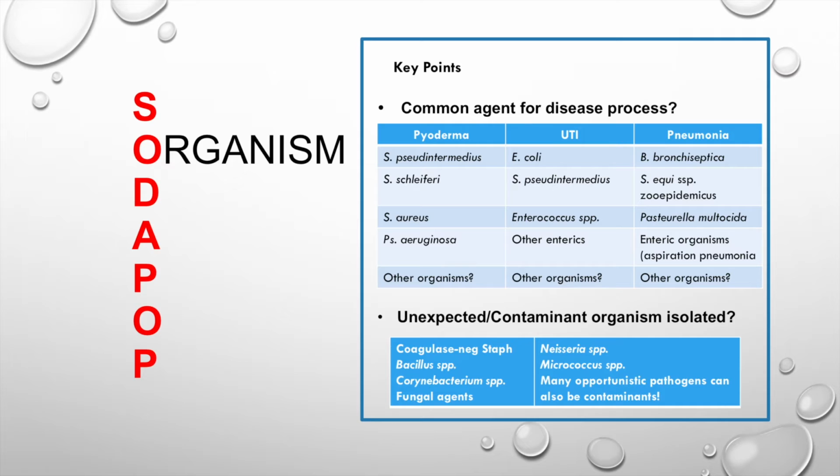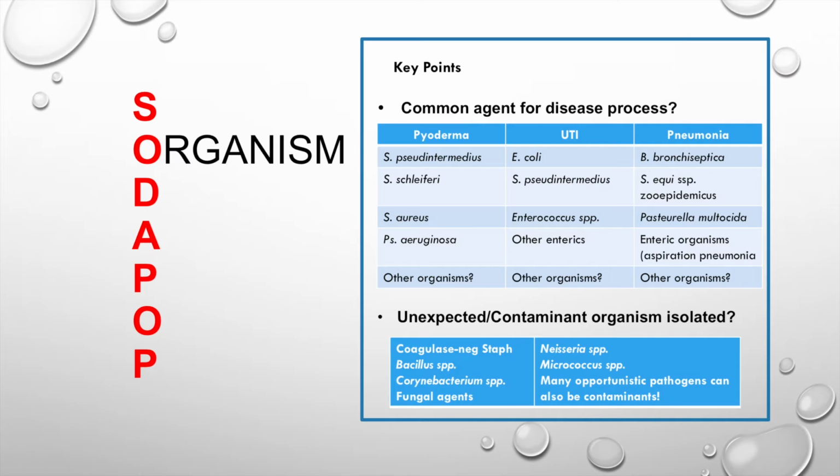For urinary tract infections, E. coli is the most common cause for both dogs and cats. Gram-positive agents of urinary tract infection include Staphylococcus pseudintermedius and Enterococcus species. Other enteric organisms, such as Proteus and Klebsiella, may also cause ascending urinary tract infections.